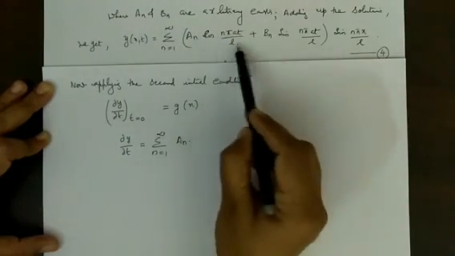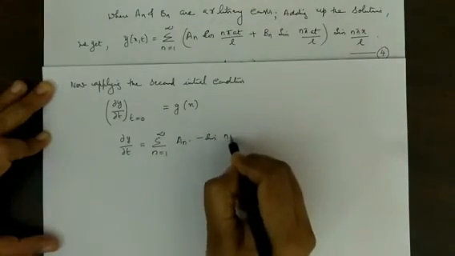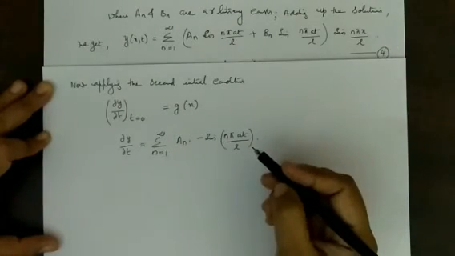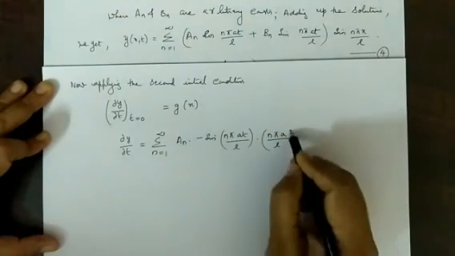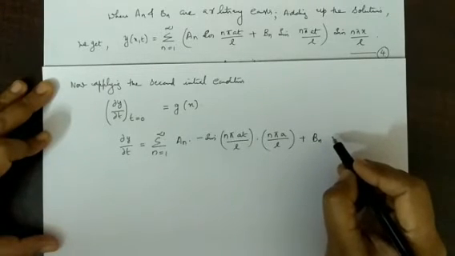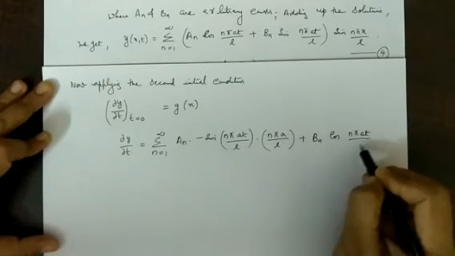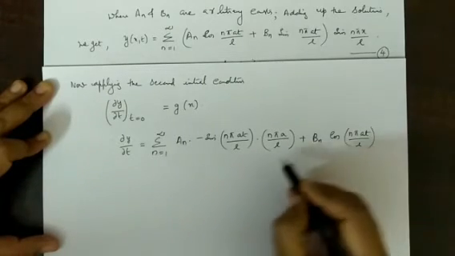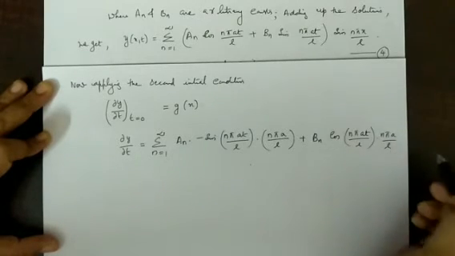By differentiating the cosine term, we get minus sin(nπat/L) into the derivative of nπat/L with respect to t, that is nπa/L, plus bn, sine of that function will become cos(nπat/L) into the derivative of nπat/L, which is nπa/L.